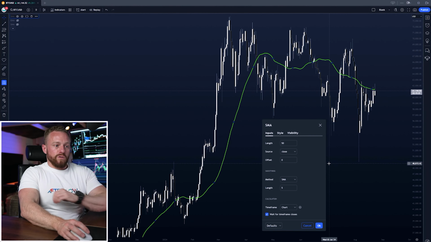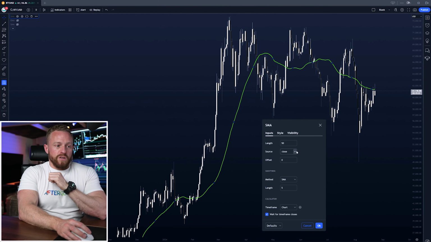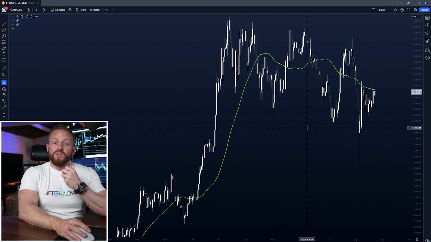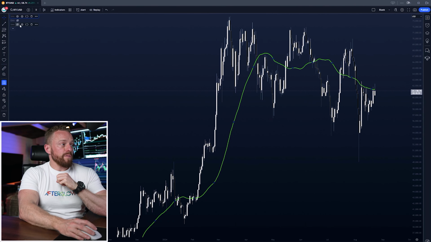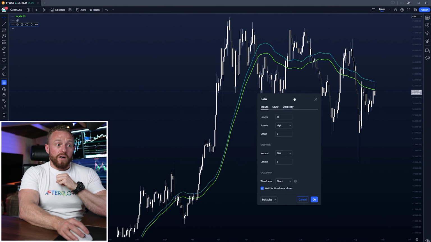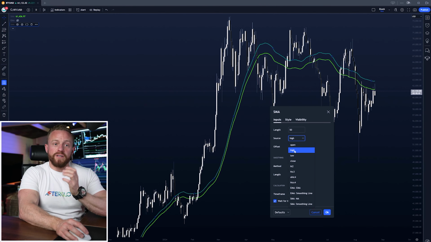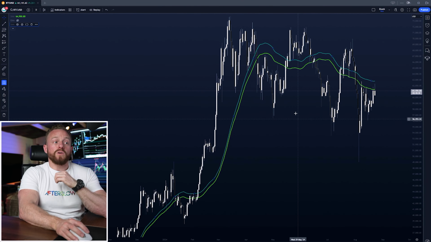Now, to show you on the chart, this is selected using the drop-down options here, where you will see all those different choices available. Just to give you an example of a difference, I've already added the SMA line with the same 50 time period, but here using the candle highs instead of the candle closes.